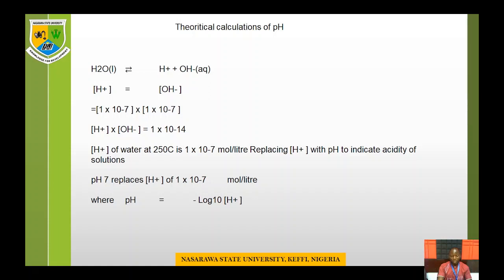So replacing hydrogen ion concentration with pH to indicate acidity of solutions, pH 7 replaces hydrogen ion concentration of 1 times 10 raised to the power minus 7 mole per liter, where pH equals the negative logarithm to base 10 of hydrogen ion concentration.